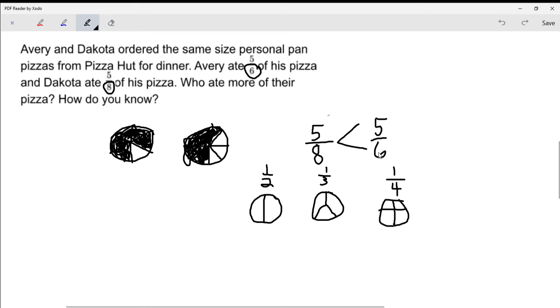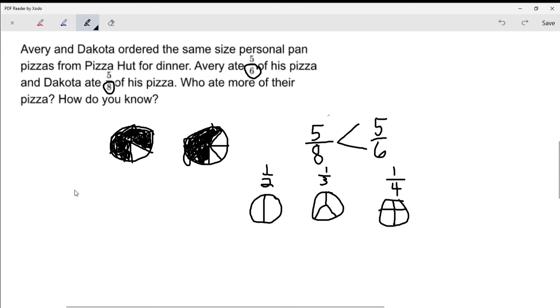Because with the same numerator, you have the same amount of pieces, but some of the pieces are bigger. In this case sixths are bigger than eighths, so the bigger pieces are going to fill up more if they're the same amount of pieces, which is the numerator. So that is one way of showing how to do it.